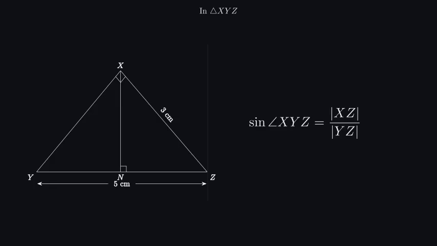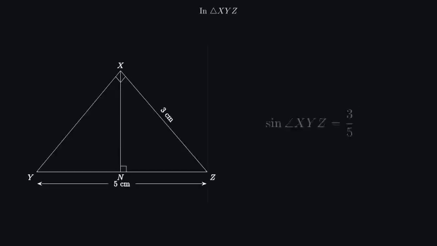So we use sine because sine is opposite over hypotenuse. Substitute XZ equals 3 and YZ equals 5. This gives sin of angle XYZ equals 3 over 5 equals 0.6. To find the angle, take inverse sine of 0.6. This gives angle XYZ equals 36.87 degrees.